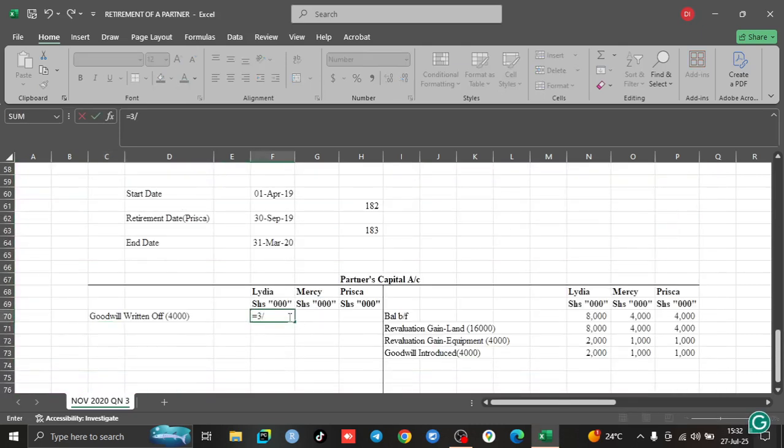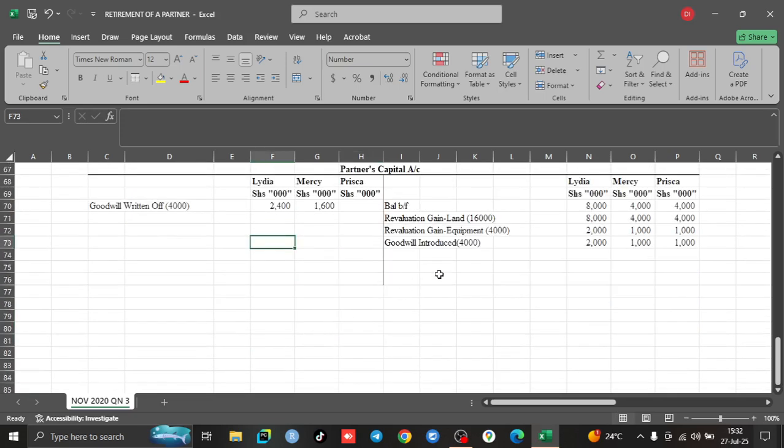So 3:2, that is 3/5 of 4,000. Then the other is 2/5 of 4,000. So that's all we have. We don't have any other thing relating to capital.